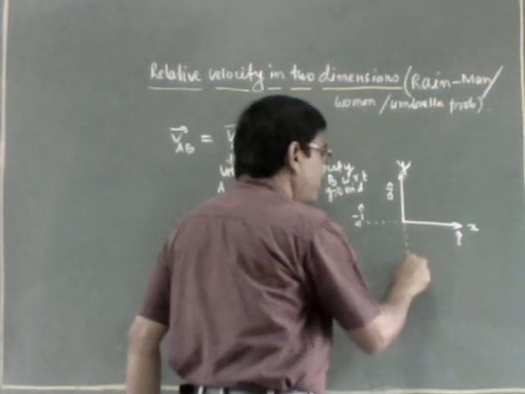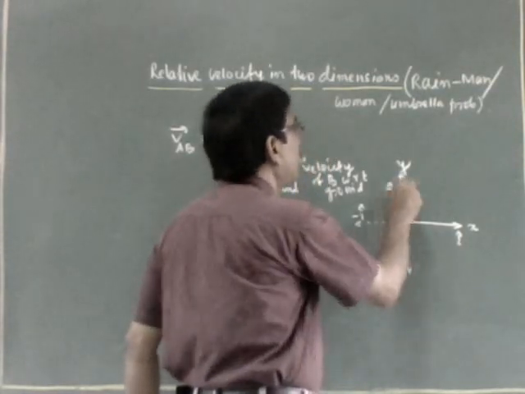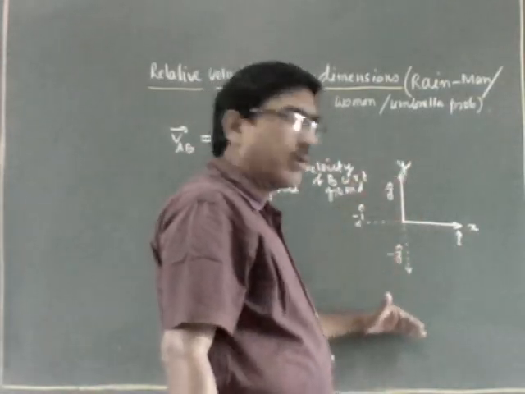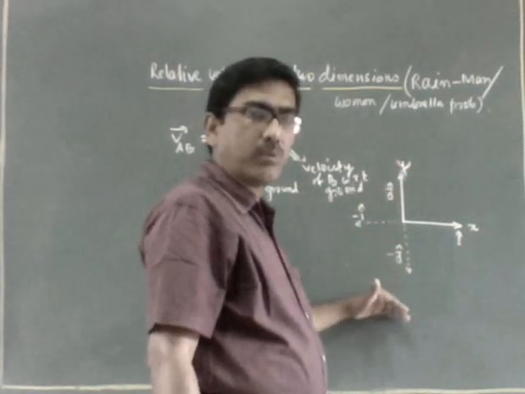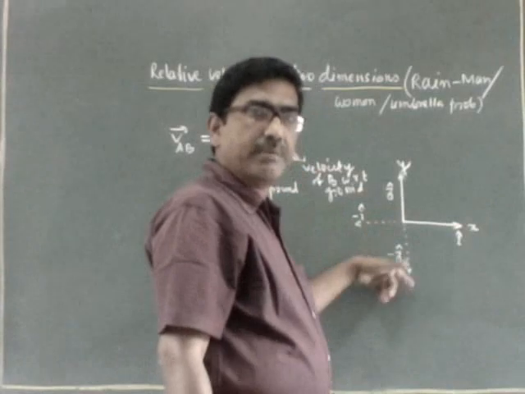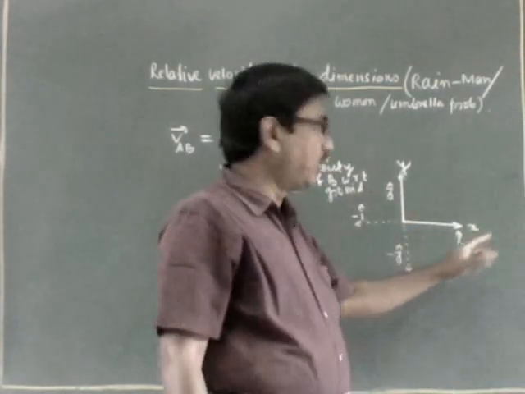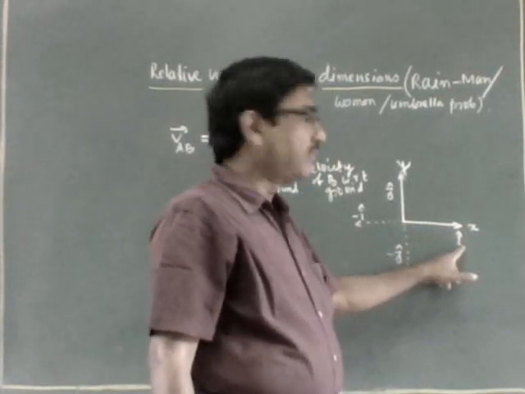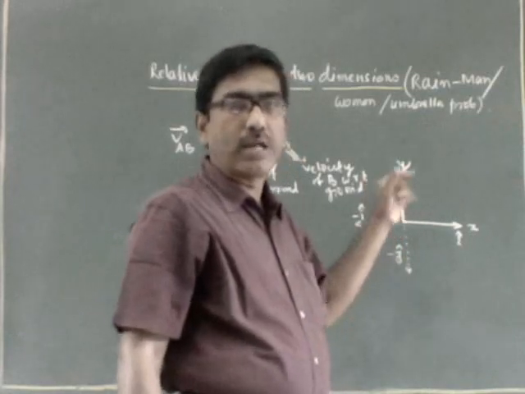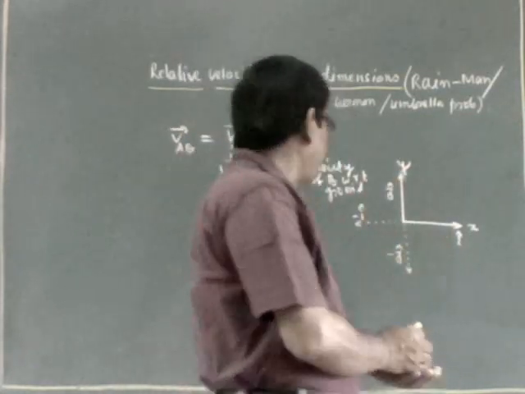Similarly, in the negative y direction, we will take minus j. Means if rain is falling vertically downward, we will take minus j. If a man is traveling along the positive x direction, we will take plus i. If a man is traveling along the negative x direction, we will take minus i. So like this we have to proceed. Okay, is it clear?